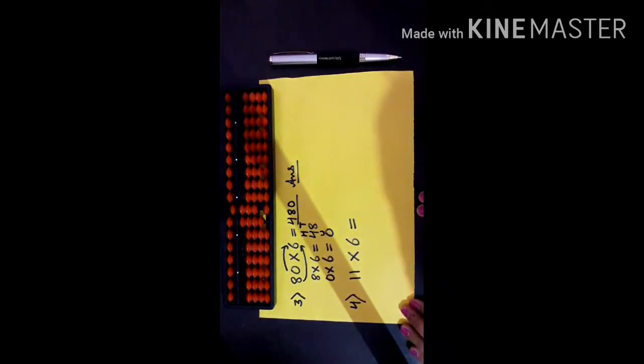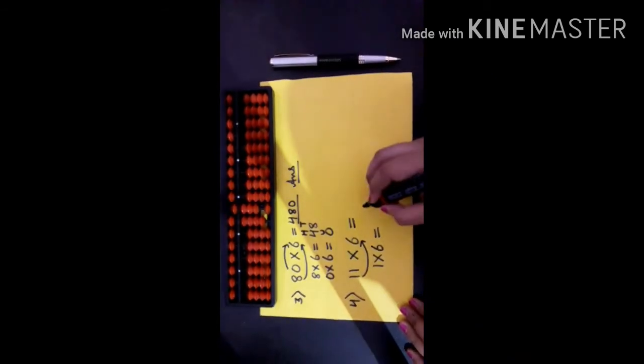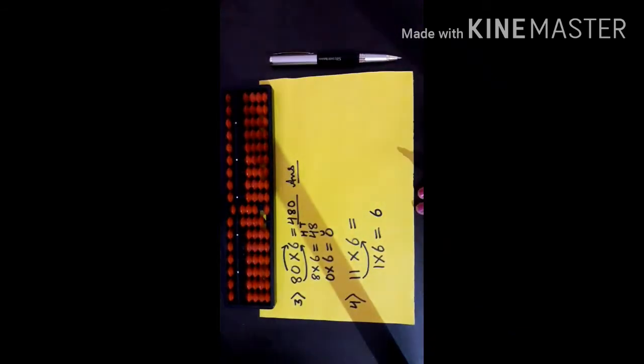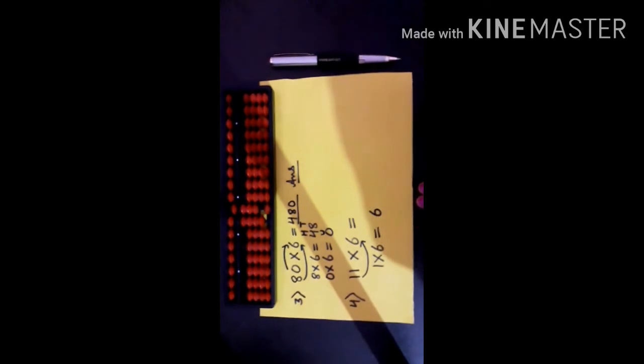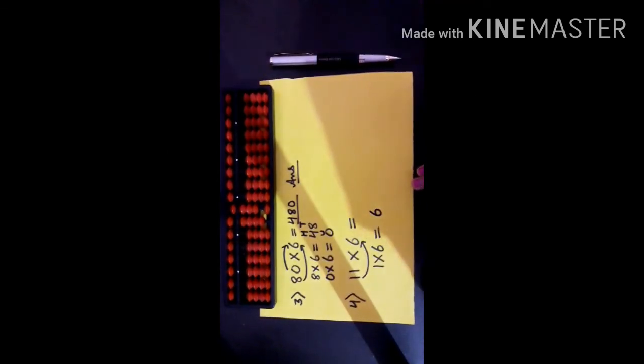Now your last question, students: 11 into 6. Now multiply your first digit with 6. 1 six is 6. Now students, I think you remember the 0 rule. This rule states that whenever we get a single digit number in the first stage, we have to put a 0 in the beginning.